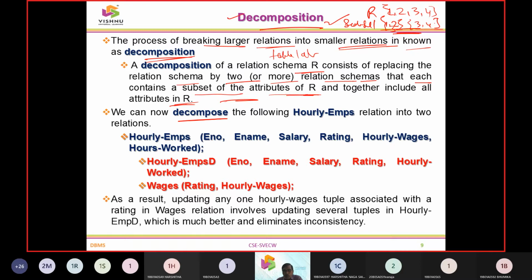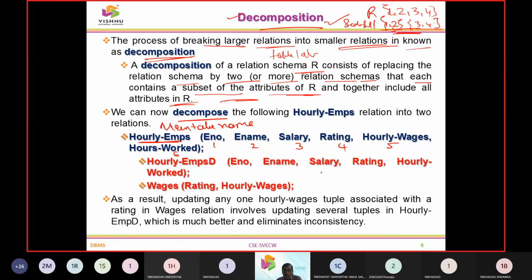Okay. Now, what was the main table? The main table name was employee hours. That is employee number, name, salary, rating, hourly wages, and hours worked. So these are the 5 attributes which are going to represent the hourly employees.